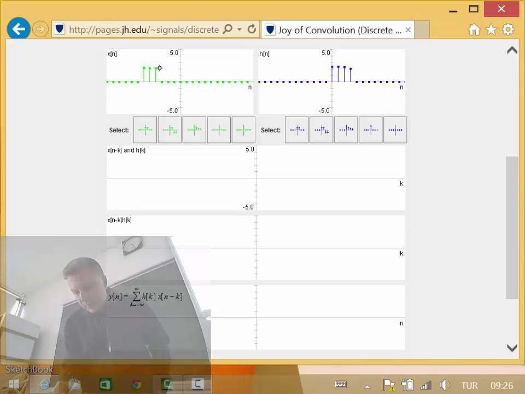How about this one? Now, let's try to locate intuitively without seeing what's happening. The green figure is shifted towards left by an amount of 1, 2, 3, 4, 5, 6. Right?